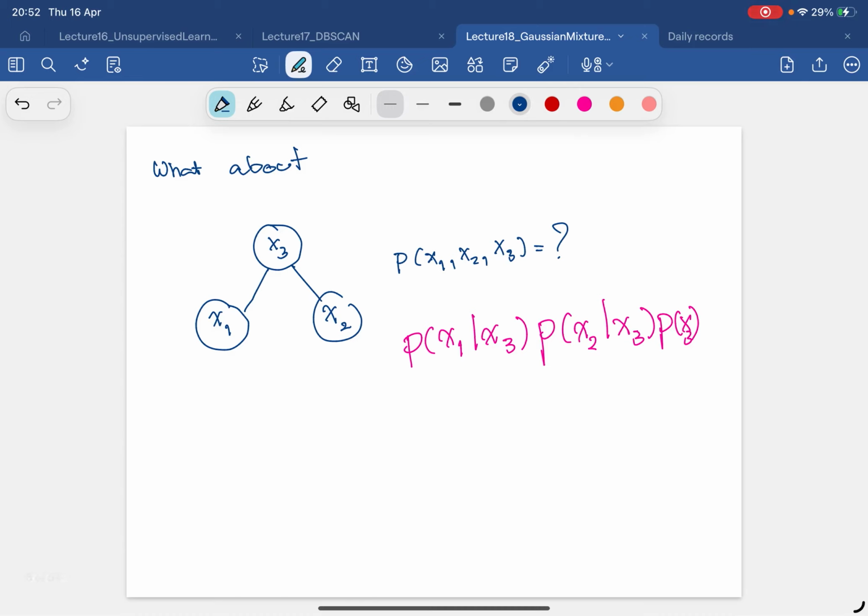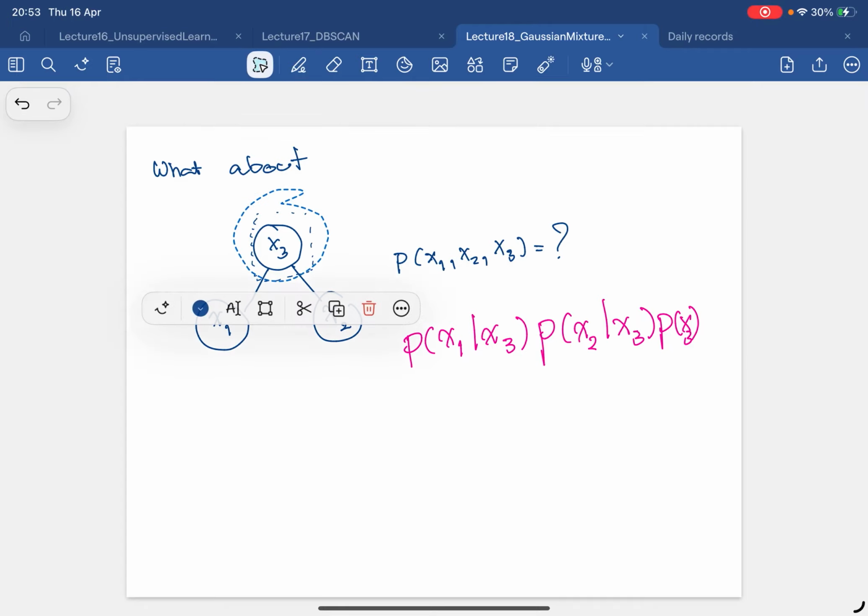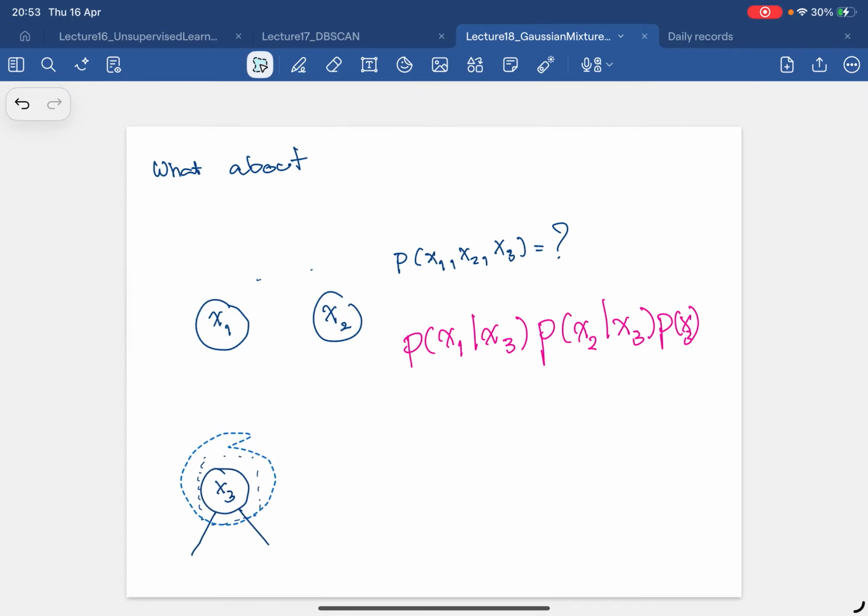Next, what about this one? This one simply means that x1, x2, x3 are related, but x1 and x2 can be further simplified if x3 is given. If x3 is given, you can imagine that you cut x3 off, and then x1 and x2 become independent.